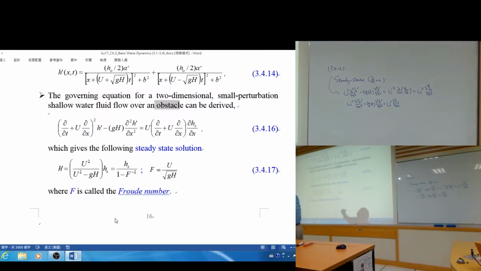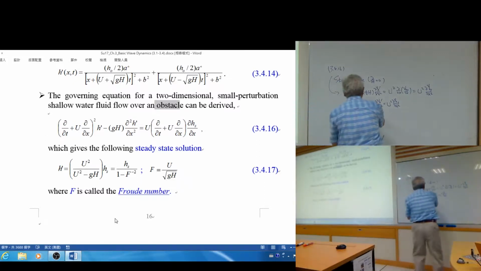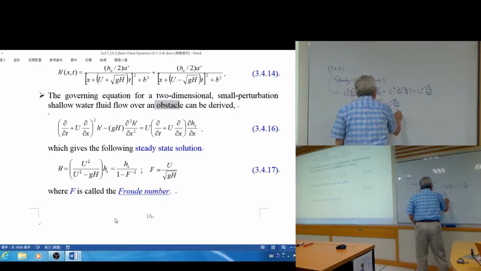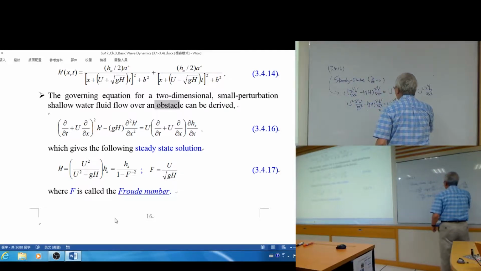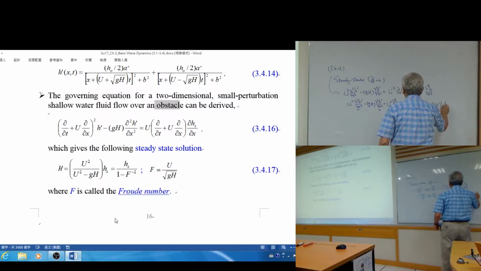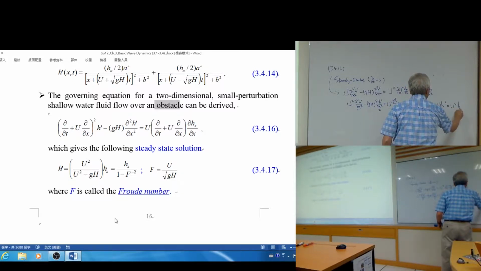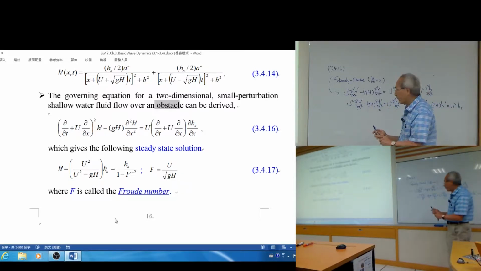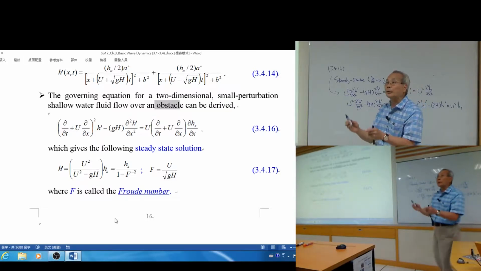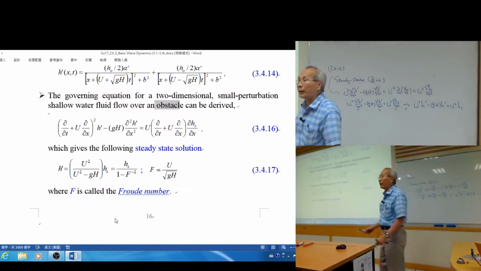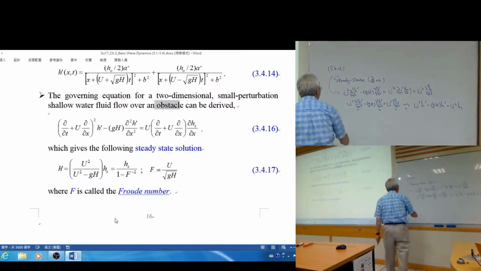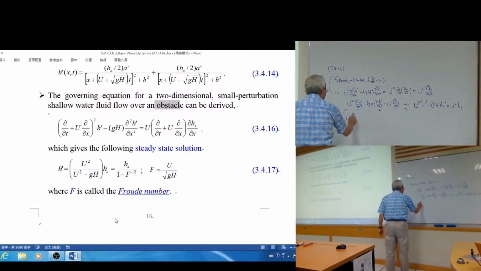You cannot say every term has partial x square, so you just remove it, and then we have u square h prime minus gh prime equals u square h sub s. A lot of people do that, but theoretically you cannot. So what you do is you take the integration.